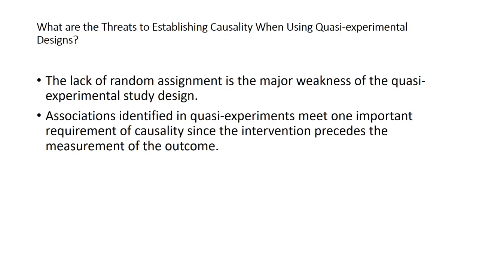However, the associations identified in the quasi-experiment meet one important requirement of causality, since the intervention precedes the measurement of the outcome. We will talk about causality later. One of the major important points about causality is temporality, which means that the exposure or the intervention occurs before measuring the outcome. So this adds to the strength of quasi-experiment.